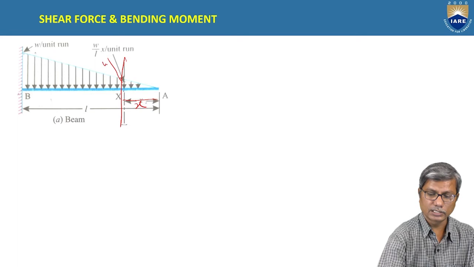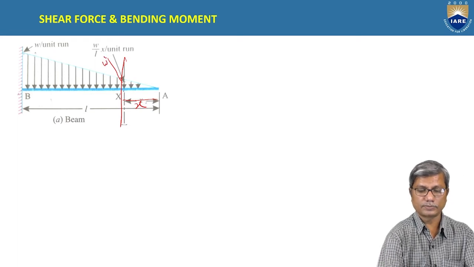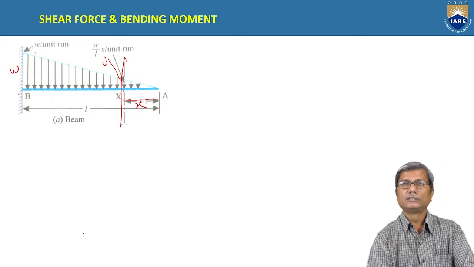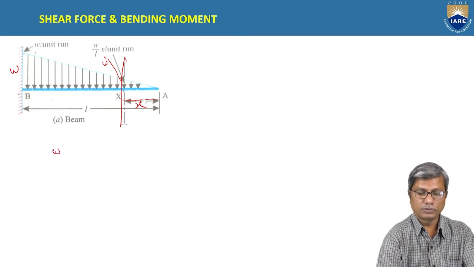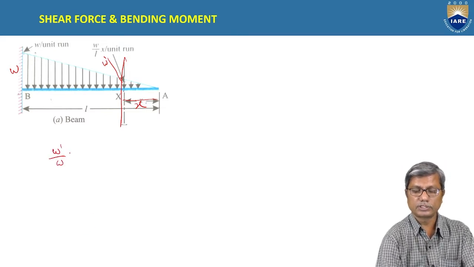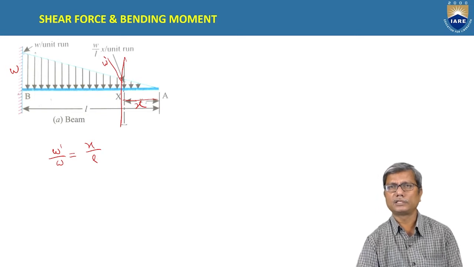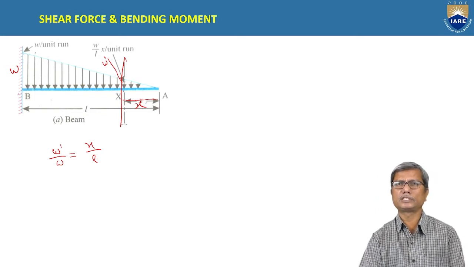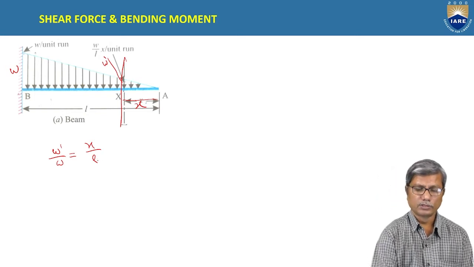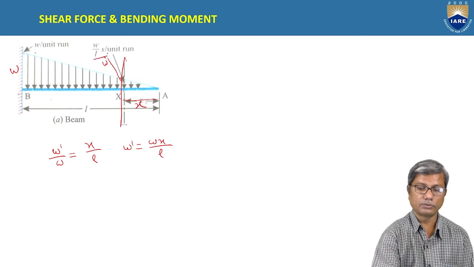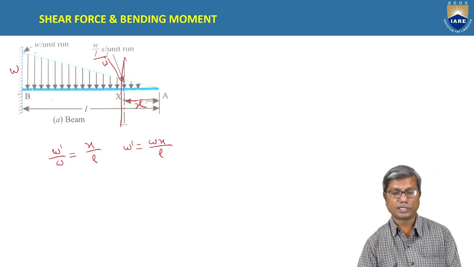Taking this as W dash and this as W, which is given already, W dash by W is equal to x by L. That is the property of similar triangles: the ratio of corresponding sides is equal. So you get W dash equal to W into x by L.